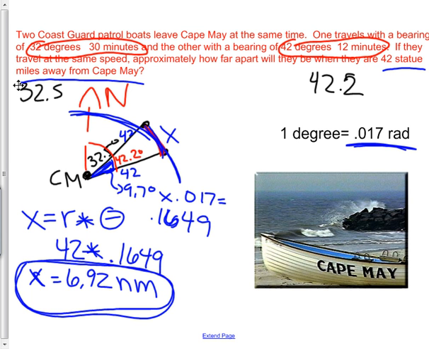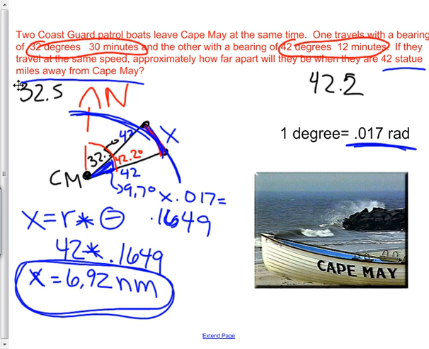So this was their rate. 42 is their rate. And then you're multiplying it by how far they're going in degrees. So for these types of problems, you just want to remember that you want to go rate times the degrees.